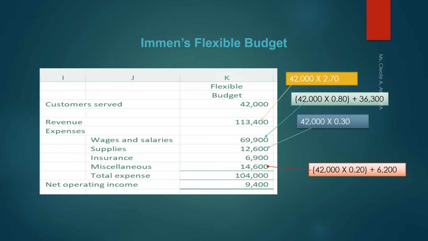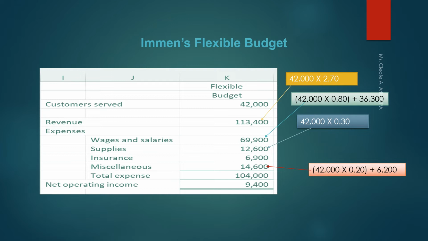For wages and salaries, if you remember, your cost formula is a combination of a fixed element and a variable element. The variable part is 42,000 multiplied by 80 cents per customer served, plus the fixed part of 36,300, for a total of 69,900 as the flexible budget for your wages and salaries.